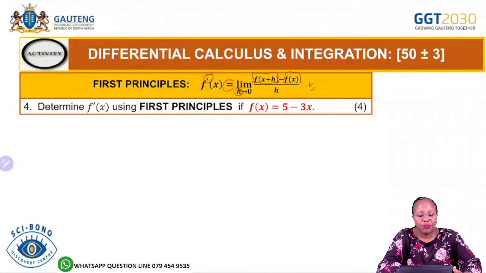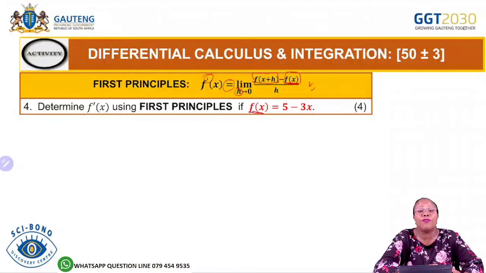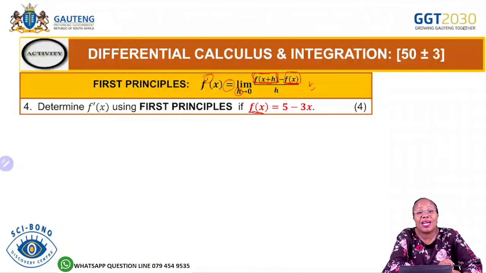And then now, if you look at this formula, you can see that it needs your f at x, which you already have, which is what is given to you. And then you also need the f at x plus h. So that is our starting point, grade 12. We are going to identify what is f at x plus h.